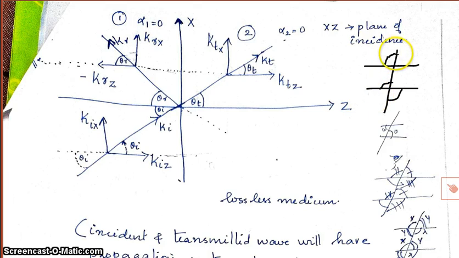Similarly, this angle and this angle will be the same. Similarly, this angle and this angle will be the same, right? You might have studied the angles between two parallel lines.